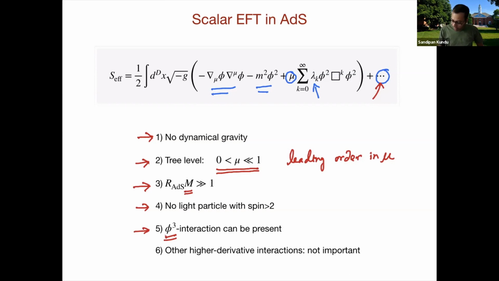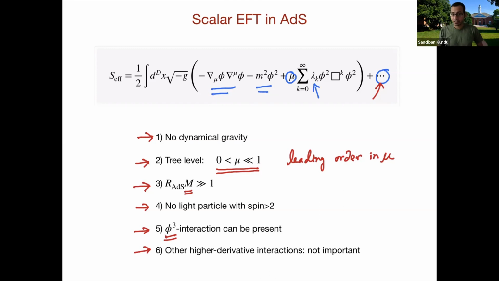And the other point that we discussed a few minutes back is that even at the level of 4-point interaction, if you have a lot of derivatives, whenever you have 12 or more derivatives, you can write down interactions which are different from this phi square box K phi square kind of interaction.